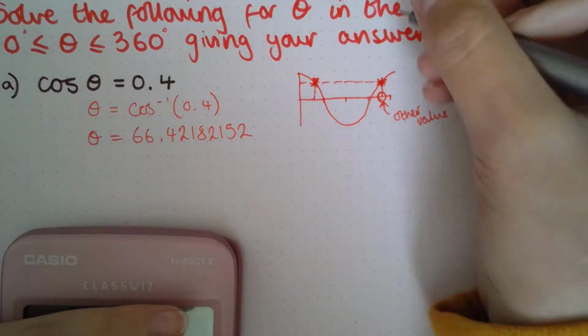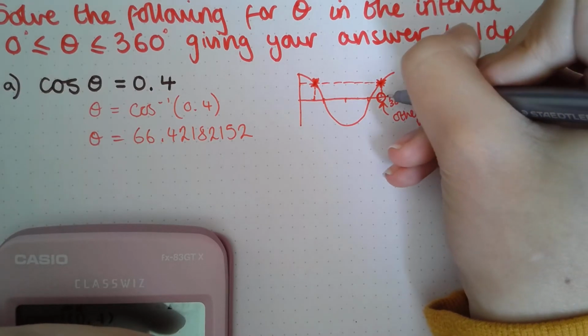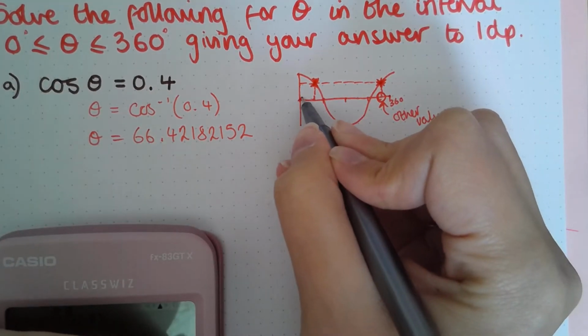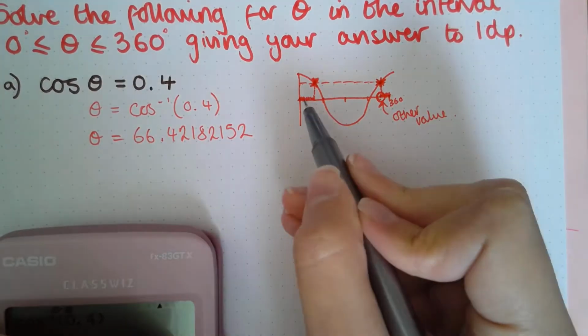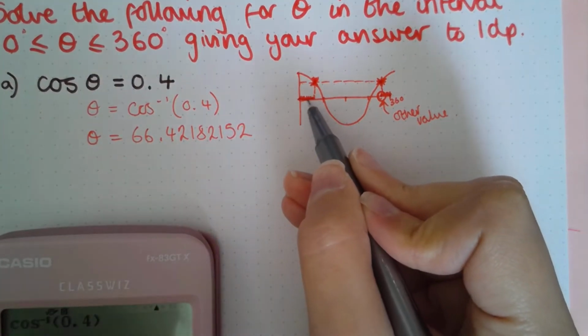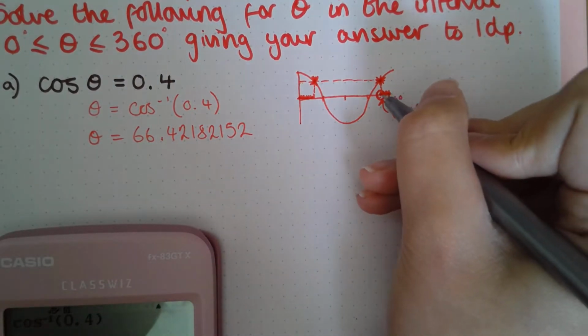Okay, so we can see that this value here was 360. This distance with a wiggly line is the same as this distance with a wiggly line. So if that's 66.421825152, that's going to be as well.